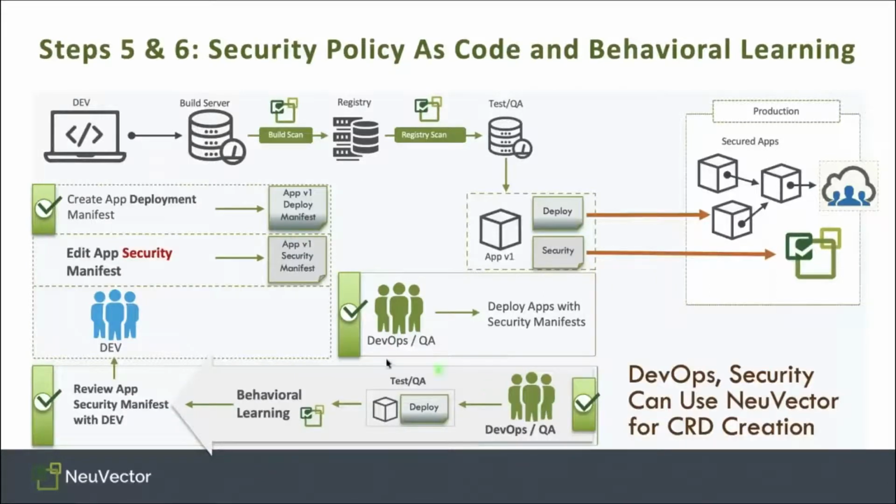So here's a possible workflow. You follow the same workflow. The DevOps team and QA team goes down here. They deploy the application that's being tested in a testing QA environment, and they also have NeuVector running there.